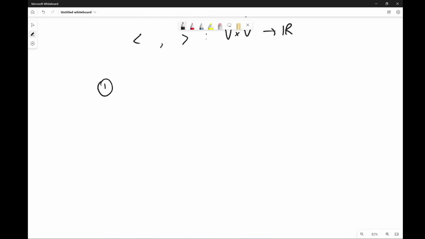We'll have properties where for all x that belongs to this space, the inner product of x and x is greater than or equal to 0.